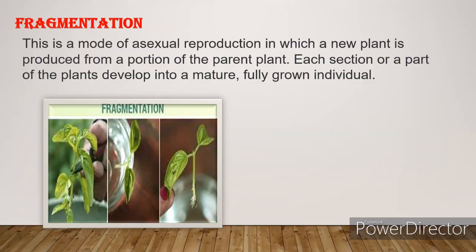This type of reproduction happens naturally where a small part of the plant falls off onto the soil and begins to grow into a new plant. This mode is often used by nurseries and greenhouses to produce plants quickly. This is again a type of vegetative propagation.